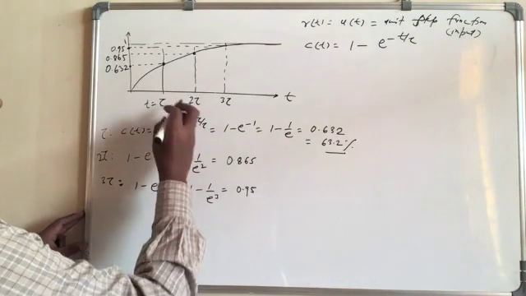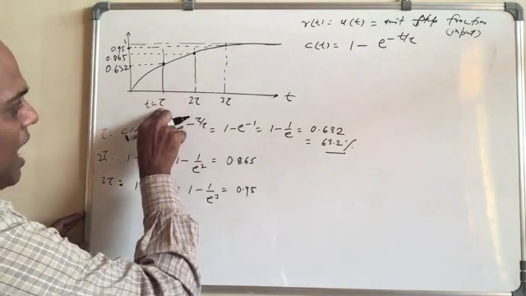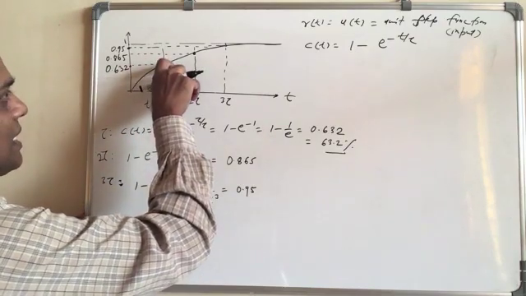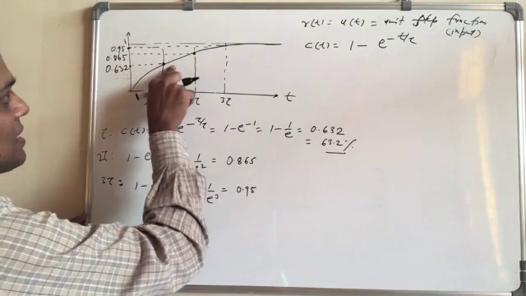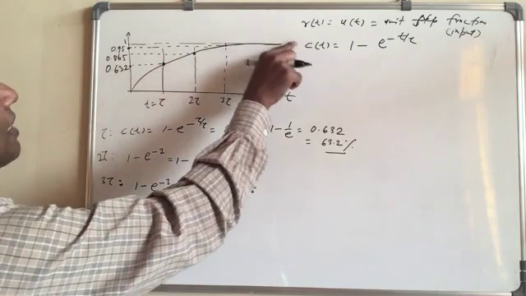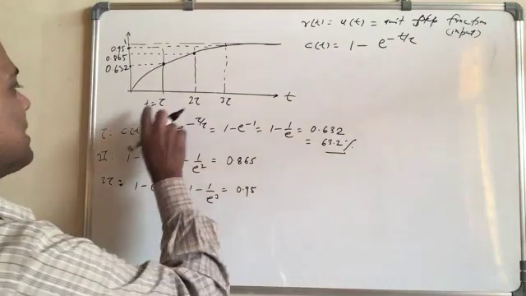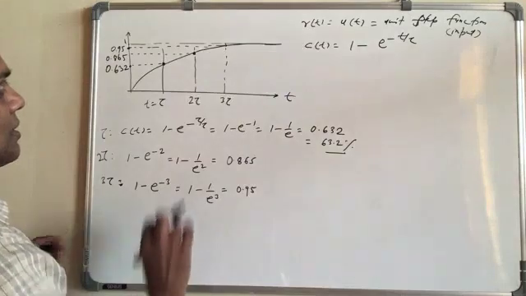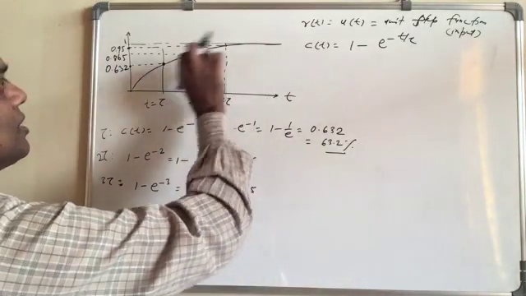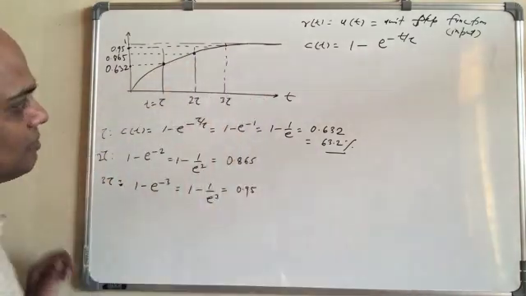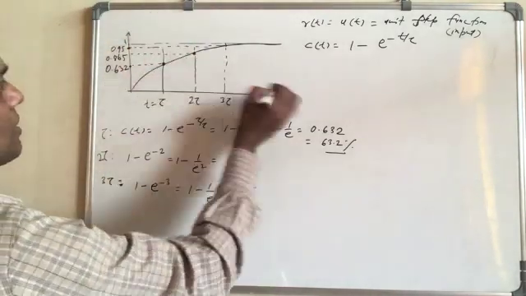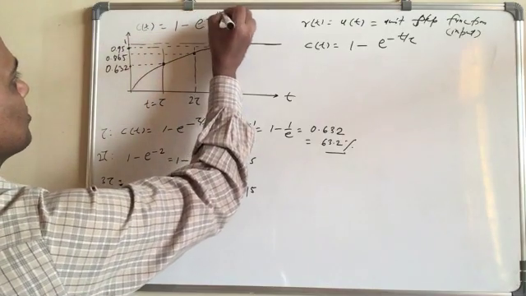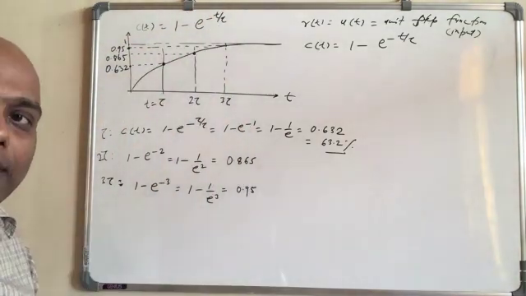You can say that tau is the time when the output is 63.2% of the final value, so you can also define the time constant like this. This is the output, meaning the response to the unit step function. So c(t) is equal to 1 minus e to the power minus t over tau, which is the first order response.